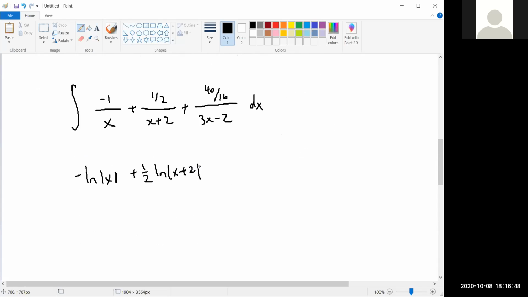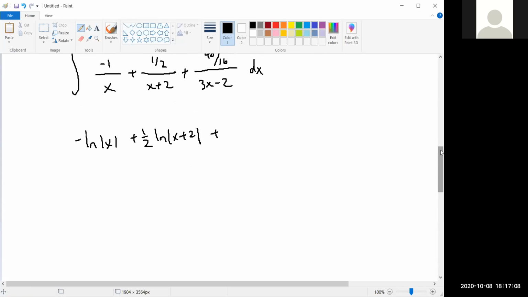Does anyone know? How do you do that one? Well, 40/16 simplified is 5/2, but with a coefficient, when you integrate it, what would be the coefficient?